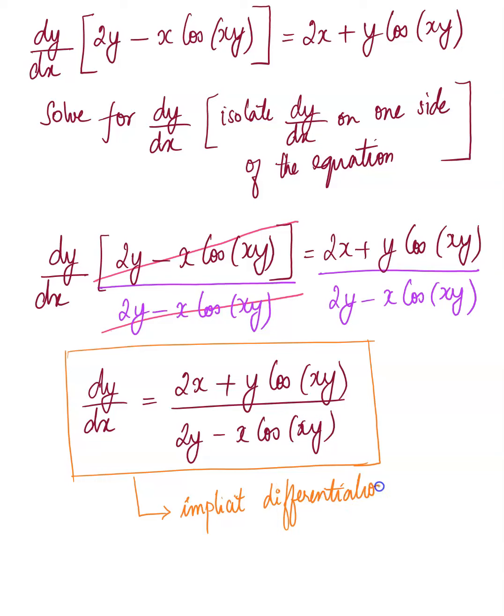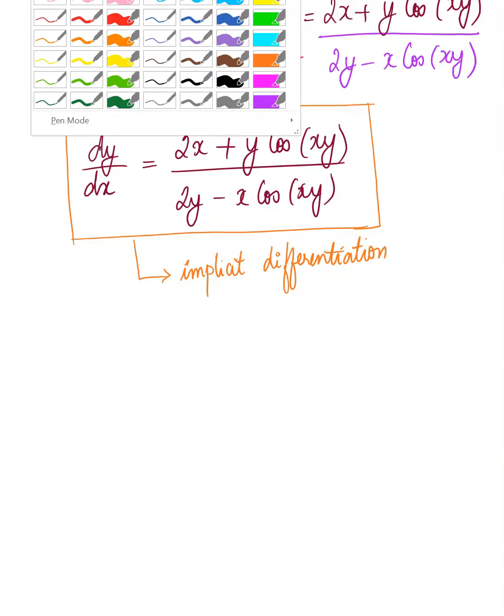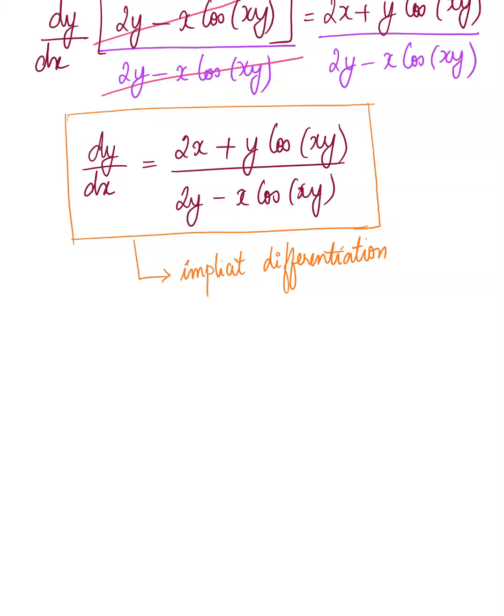In fact, it's one of the telling signs that we did perform implicit differentiation. Only then you'll have that complicated mix of x and y on one side. Let's do another one.